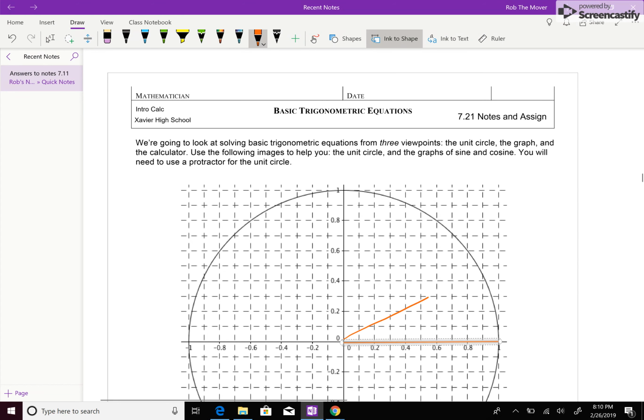We just draw some angle here, okay? Wherever this meets, as our x and y value, we know the x value will be the what? What will the x value be, and what will the y value be?